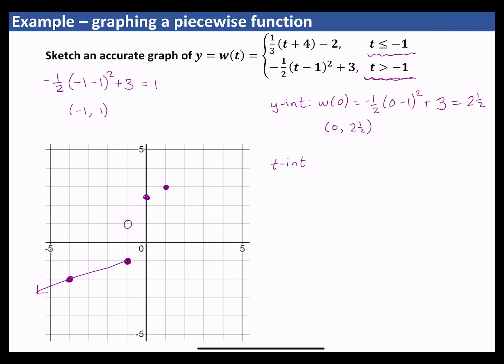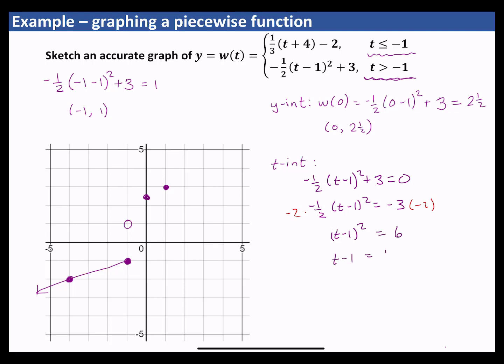All right, so we're going to let -1/2 (t minus 1) squared plus 3 equals 0, and we can subtract 3 from both sides. We can multiply both sides by -2, and that will result in (t minus 1) squared equals 6.